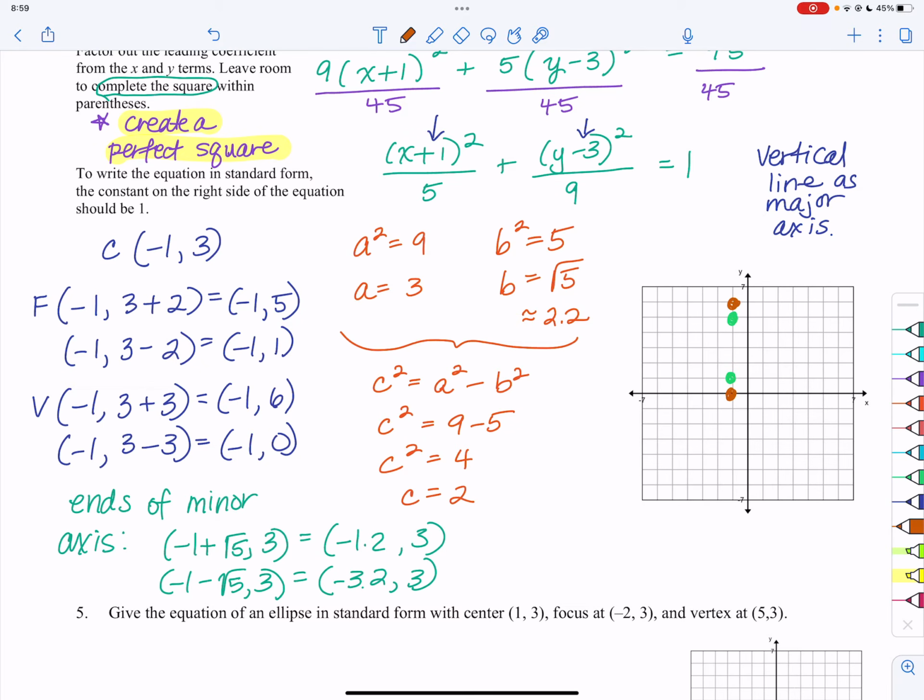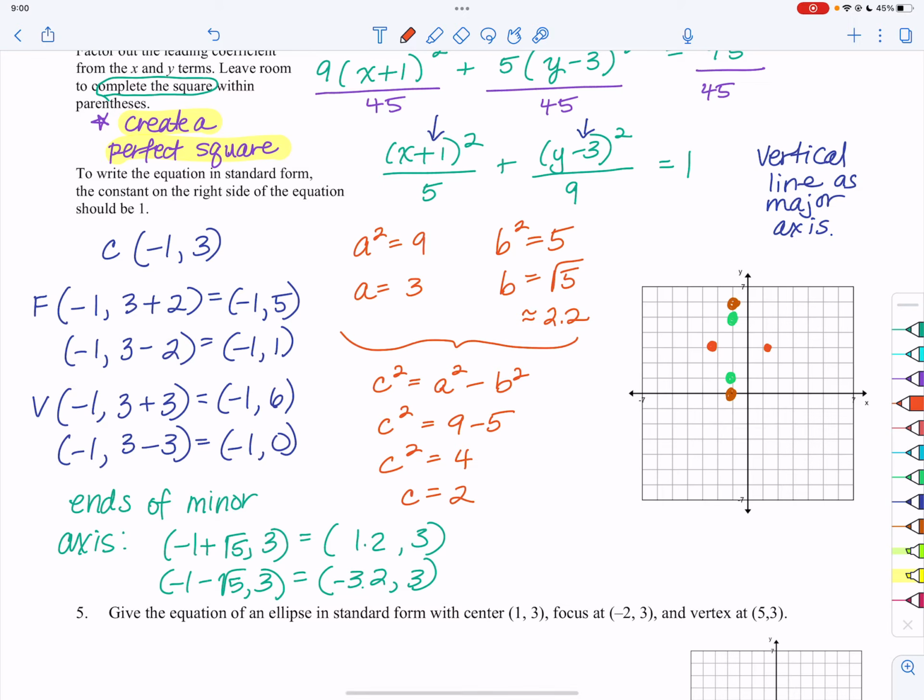And let's see how these look. So we have negative 1.2 and 3. And then we have, that should be a positive 1.2. So a positive 1.2 and a 3. And then we have a negative 3.2 and a 3.